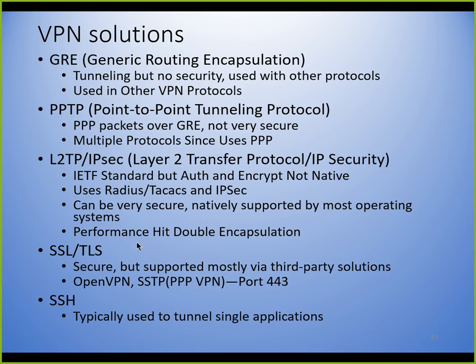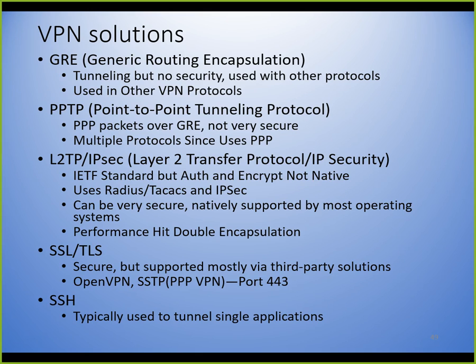Performance hit by double encapsulation in these things. Can be very secure. Layer 2 tunneling protocol and IPsec is natively supported by most of the operating systems, the ones that were Windows and Mac and Linux do support it.